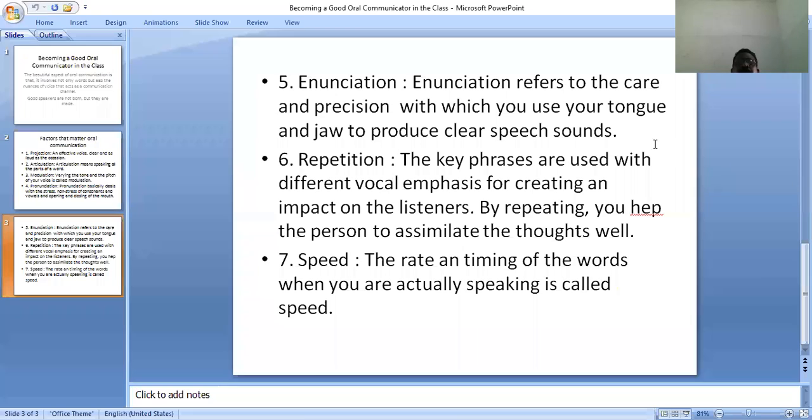I am repeating that the word communication is derived from the Latin word. By repeating, because some of you may not listen the first time, may not listen the second time, maybe listen the third time.